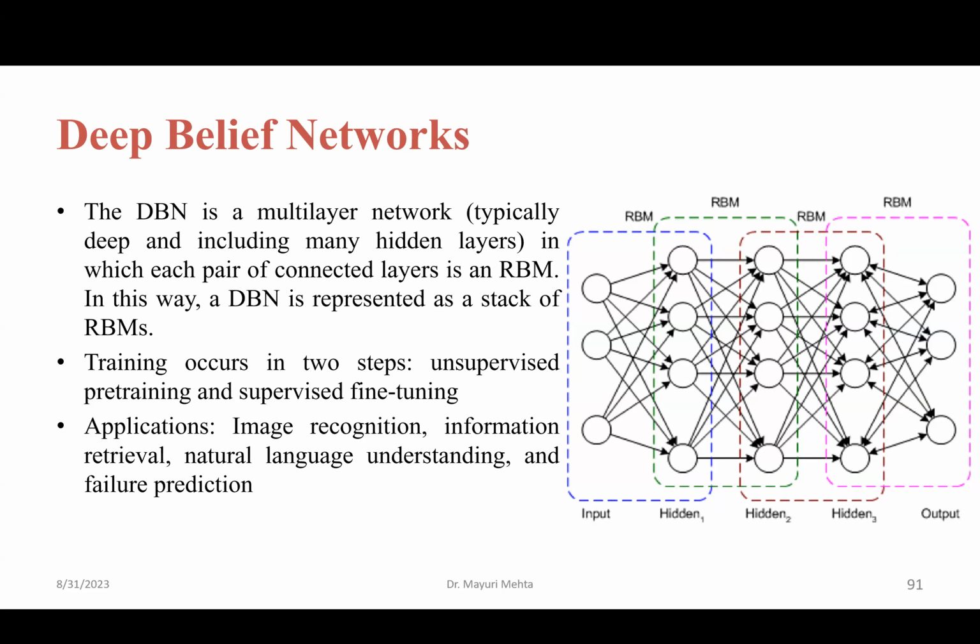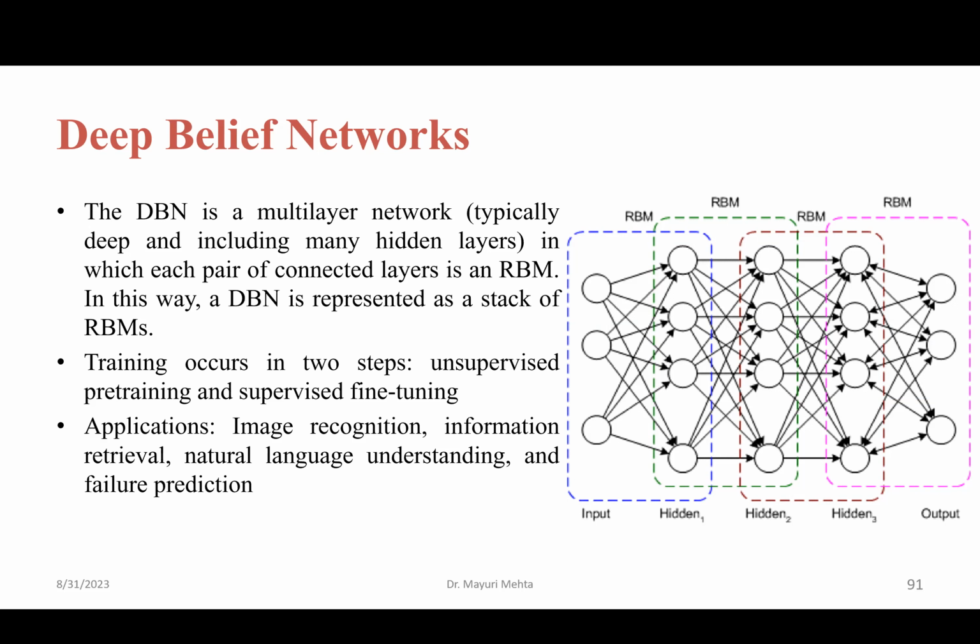If I tell you briefly about these two steps, in unsupervised pre-training, each restricted Boltzmann machine is trained to reconstruct its input. For example, the first RBM reconstructs the input layer to the first hidden layer.